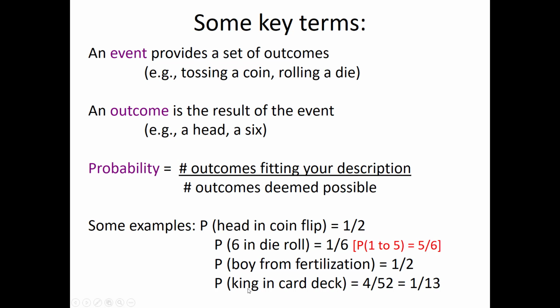And a last example might be if you have a 52 card deck, and you want to know the probability of getting a king in that deck. Well, the total number of possibilities is 52. Any one of the cards is possible. How many kings are there? There are 4 kings in a 52 card deck. So that would be 4 out of 52, which is 1 out of 13.